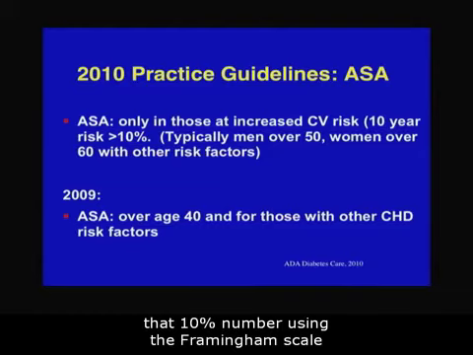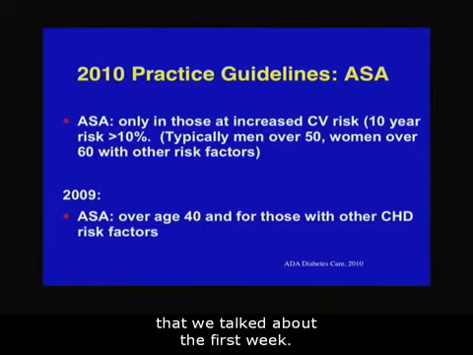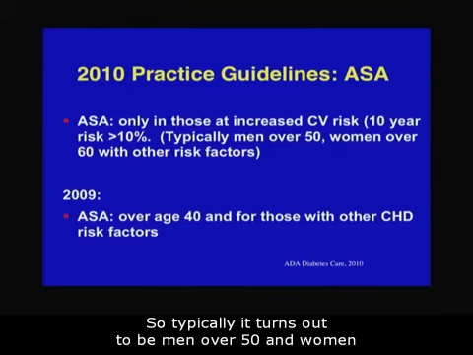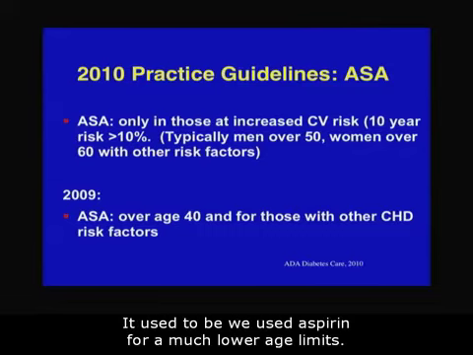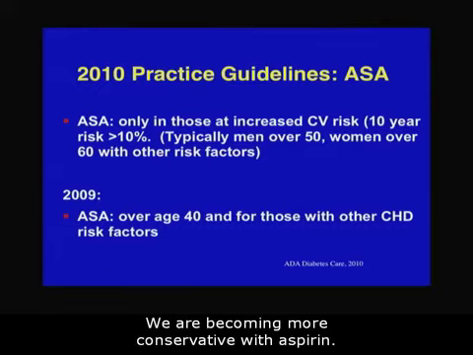And again, it's that 10% number using the Framingham scale that we talked about the first week. So typically this turns out to be men over 50 and women over 60 with diabetes. It used to be that we used aspirin for much lower age limits, but we're becoming a little bit more conservative with aspirin.